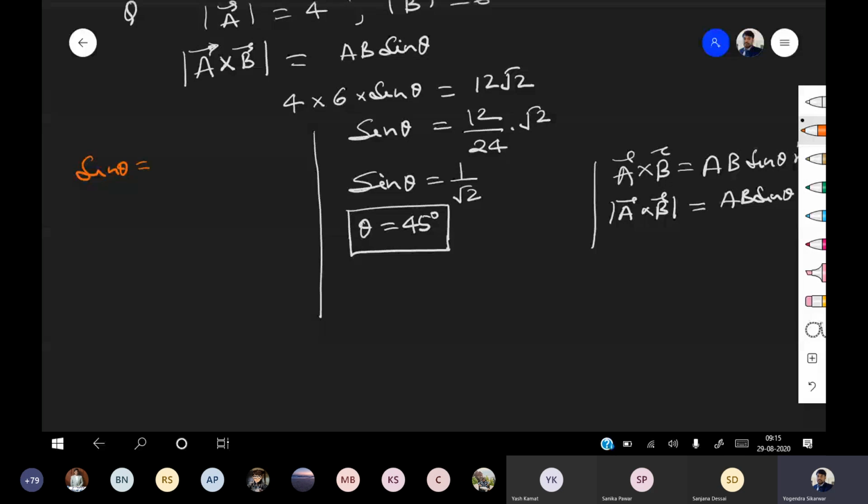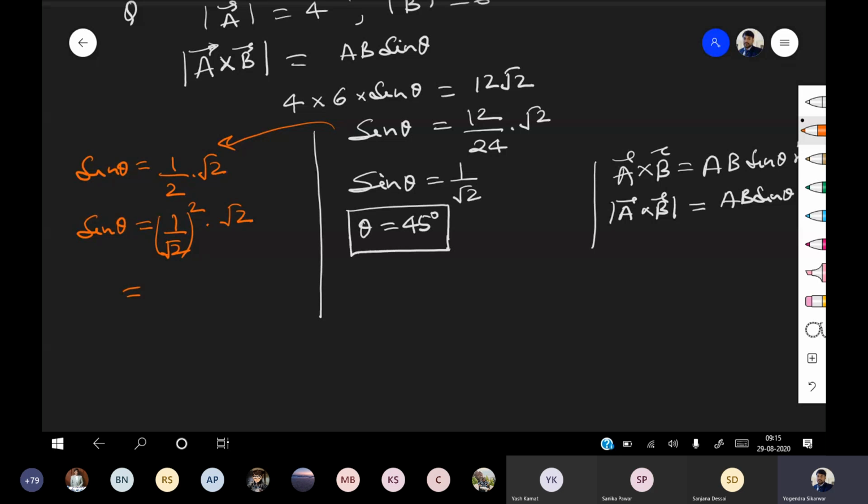Sin theta is equal to 12 by 24 is 1 upon 2 into root 2. Correct? I am talking after this step. Okay. Then comes the very difficult part. That 1 by 2 can be written as 1 by root 2 whole square. And this is root 2 anyway.